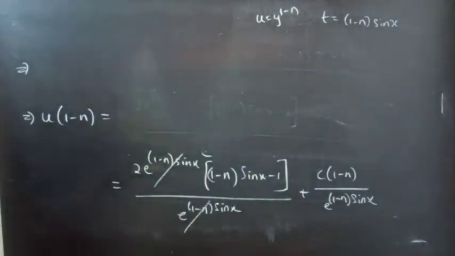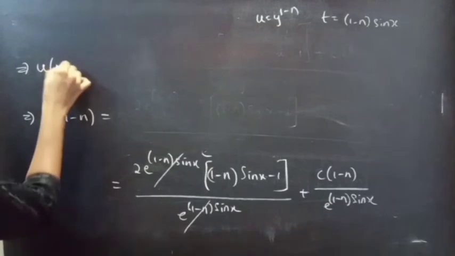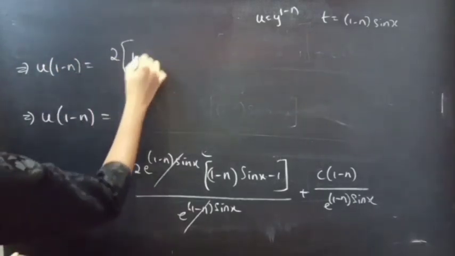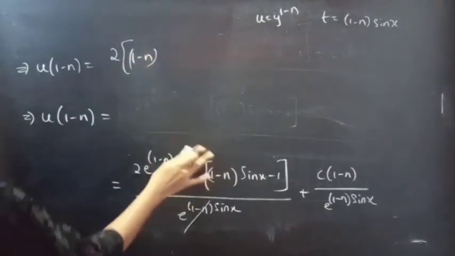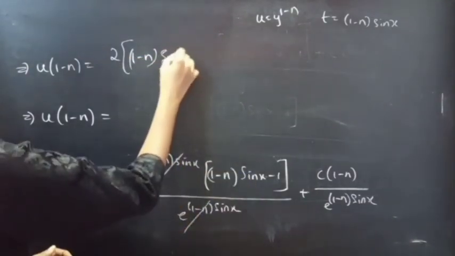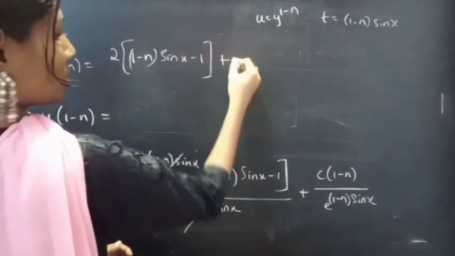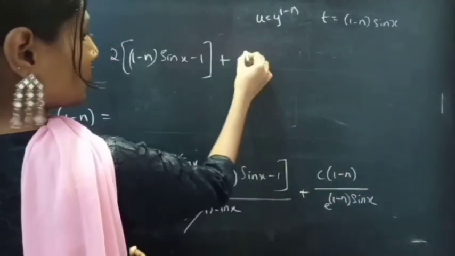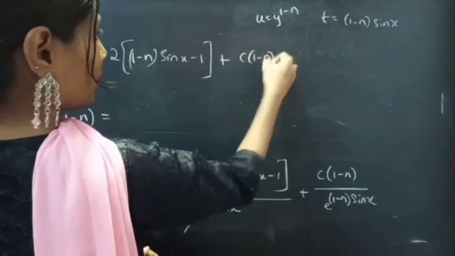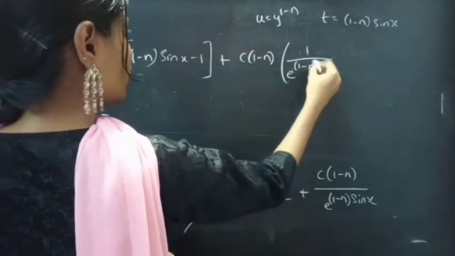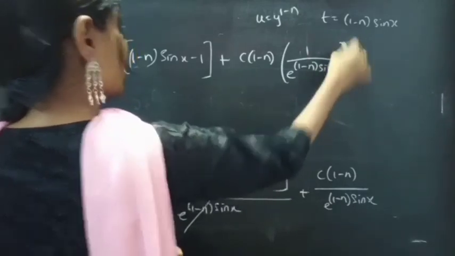Then you'll get u into 1 minus n equals 2 times 1 minus n into sin x minus 1 plus, we can again split this as c into 1 minus n into 1 by e power 1 minus n into sin x.